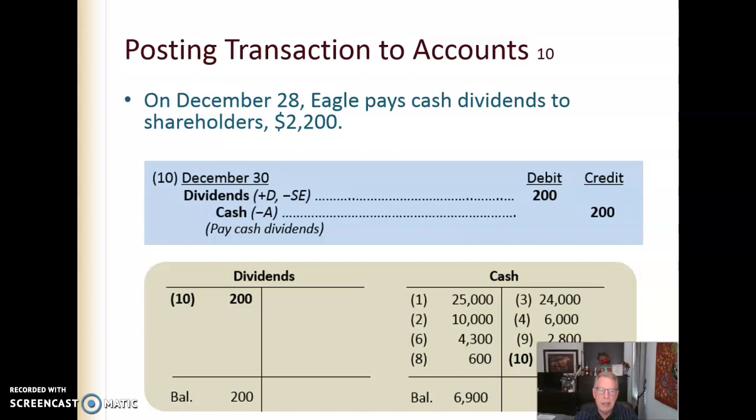Just like an expense, except the expenses roll through the income statement and dividends lives in the statement of retained earnings. That is also a little confusing when you're first starting out. So, of course, we're going to credit cash to pay for those dividends because cash is going to go down.